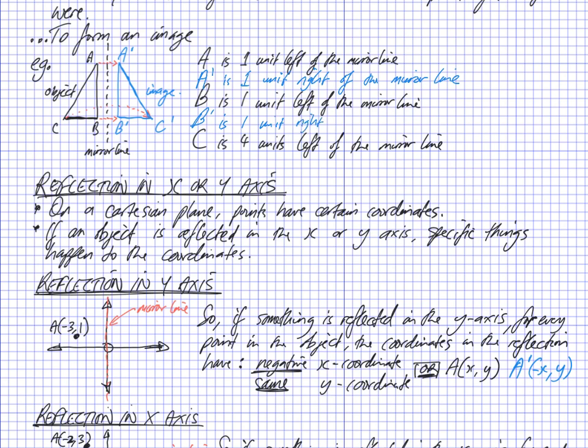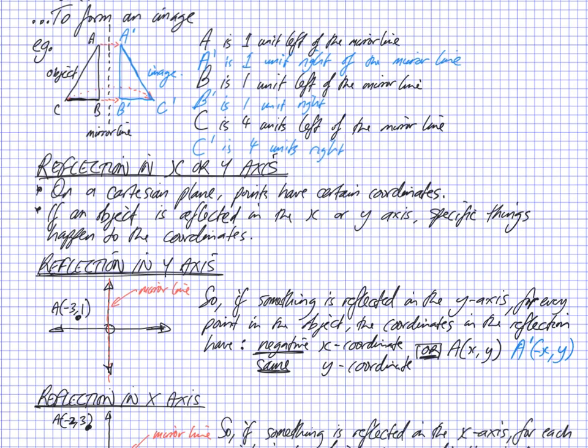And C, it used to be 4 units left of the mirror line. Well, now C in the image is 4 units right of the mirror line. So you can see that it's just on the opposite side. The points in the image are on the opposite side of the mirror line, but they're still the same distance.